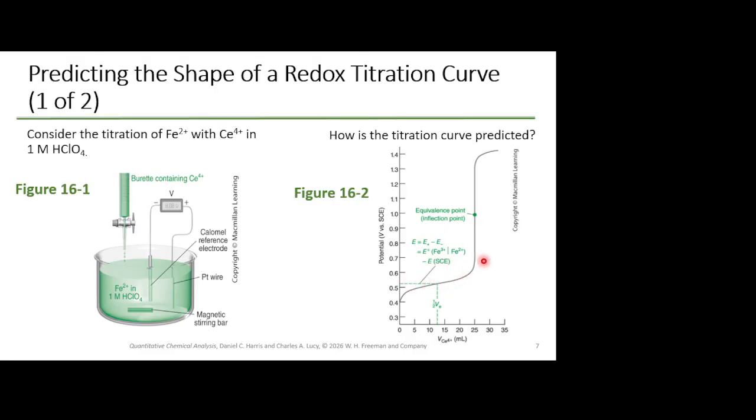When you're in this portion right here, that's when you're going to have the iron. Any cesium that comes in is going to get used up. And so that's the half reaction for the iron, the reactant that you measure. Everything after this is excess of that titrant, and so that is going to end up being the half reaction for the cesium.